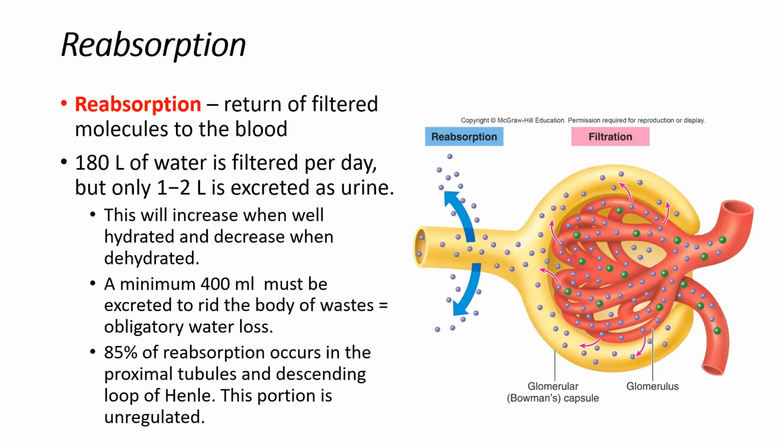At a minimum, humans must excrete 400 milliliters of waste per day. That is the amount of fluid that you must excrete from your body, even if you're bringing in 0 fluid.